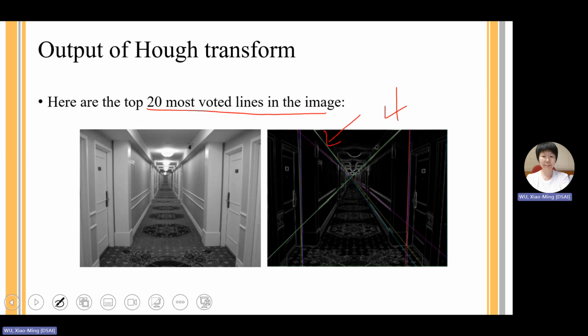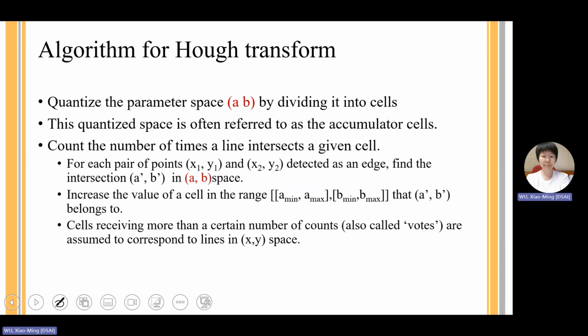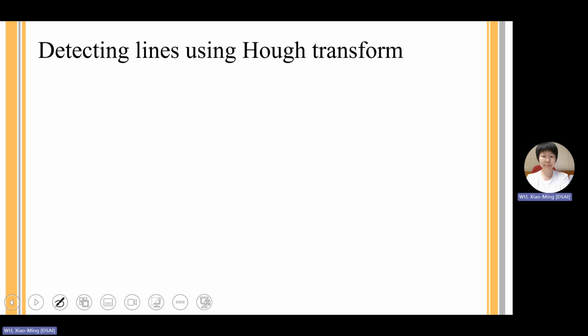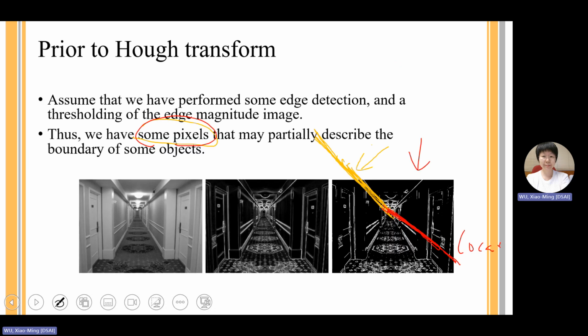We know the parameterization of this line, and also this line. For each line, we know their full equation. We know the parameters of this line. That's why we can draw the full line over the image. So do you have any idea how we can achieve that Hough transform?